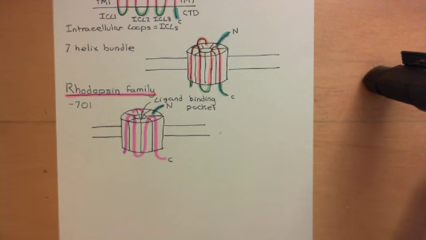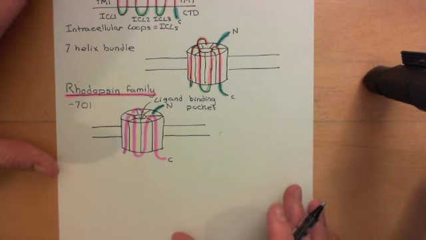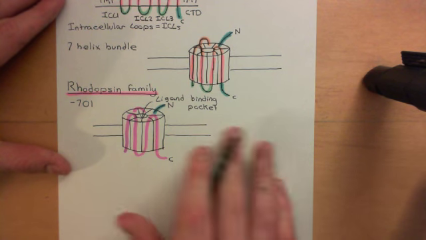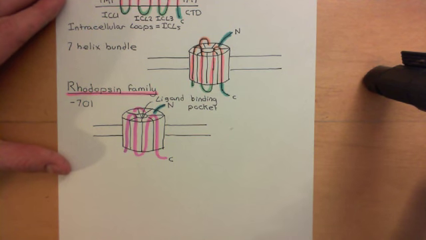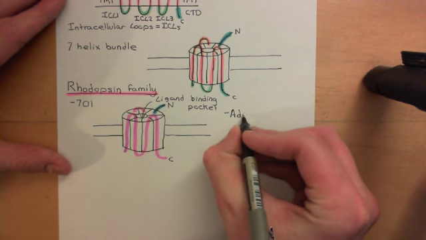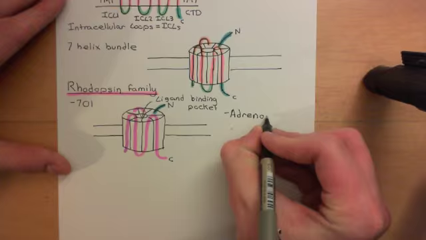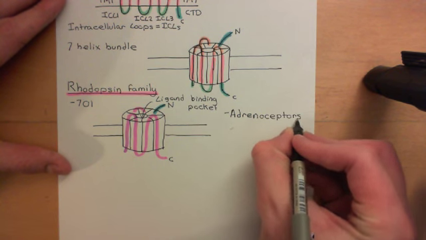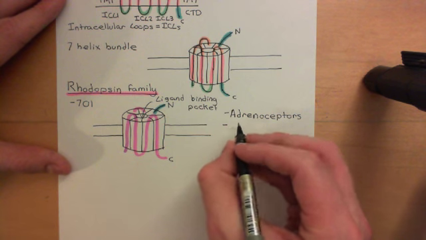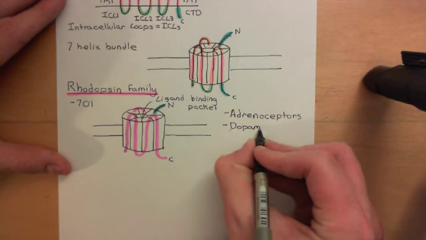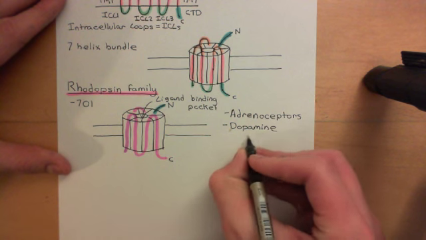So let me give some examples of G protein coupled receptors in this family. I won't put rhodopsin down because it's obviously in this family. But some other notable examples are the adrenoceptors, the receptors for adrenaline and noradrenaline. In addition, the receptors for dopamine, D1, D2, D3, D4, and D5.